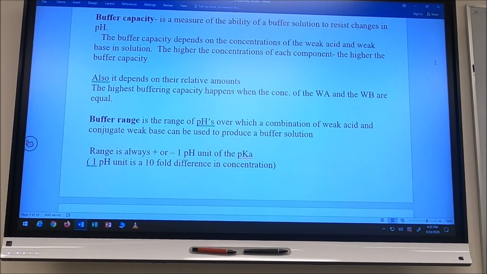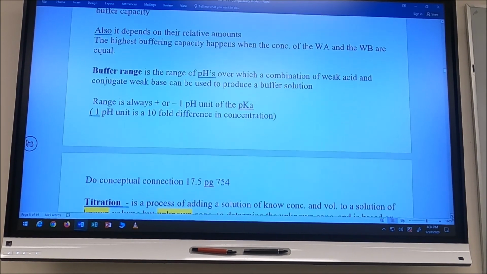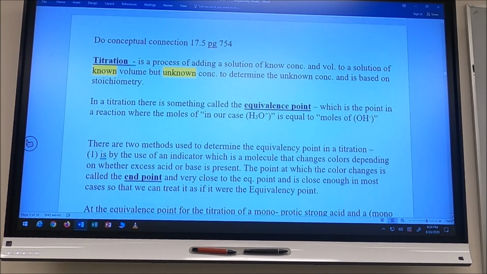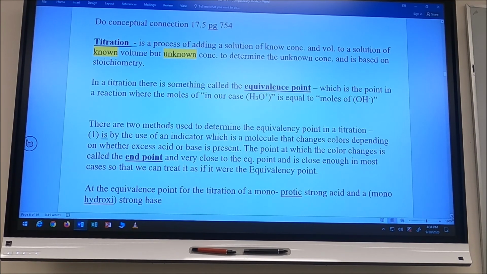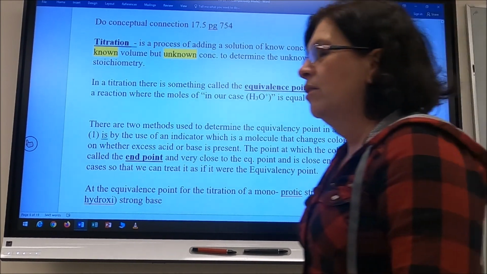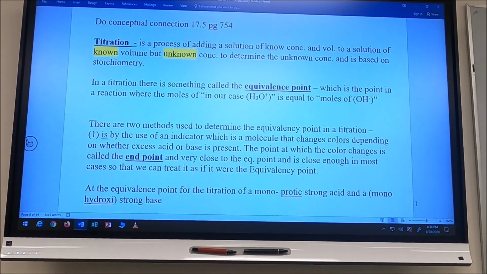The closer the pKa is to the pH you want to maintain, the better your buffer is going to be able to buffer. Okay? Notice that 1 pH unit means that there's a 10-fold difference in concentration. You get any more than a 10-fold difference in concentration, it's really hard to deal with. Okay? The solution is not going to be very good at buffering.